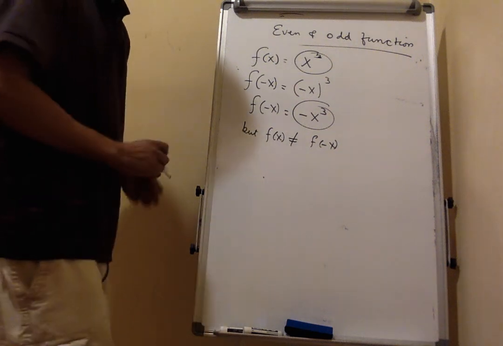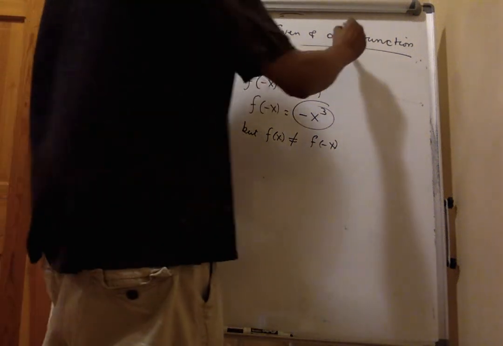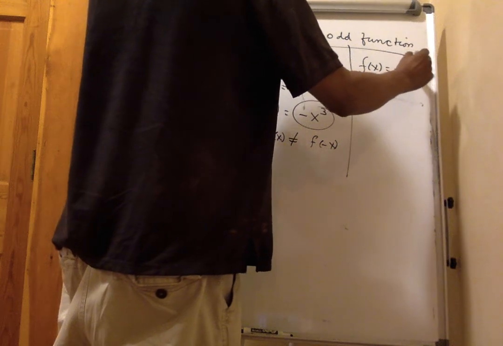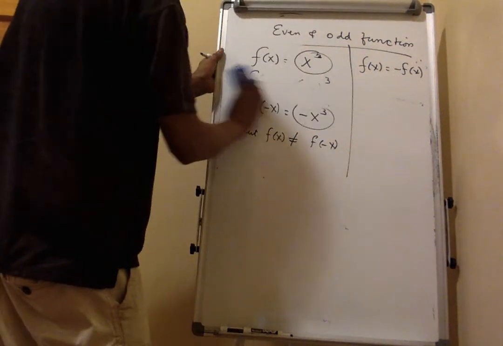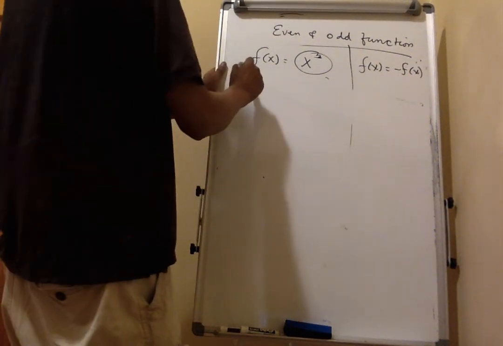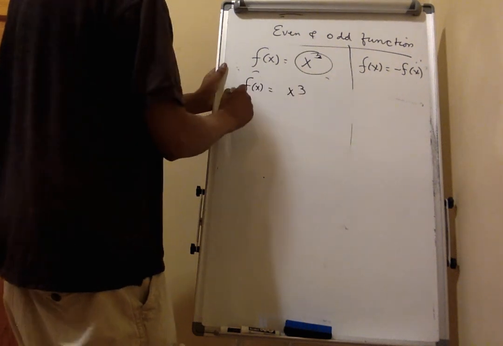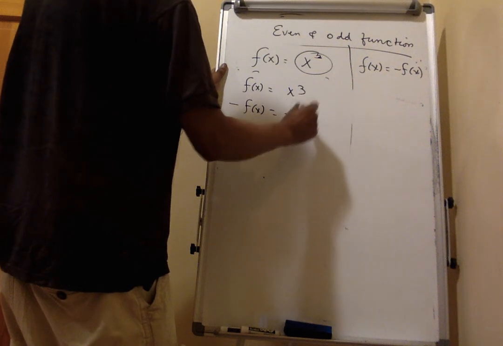Is it an odd function? By odd function, what do we mean? F of x has to equal negative f of x, right? Okay. So if f of x is equal to x cubed, negative f of x is equal to negative x cubed.